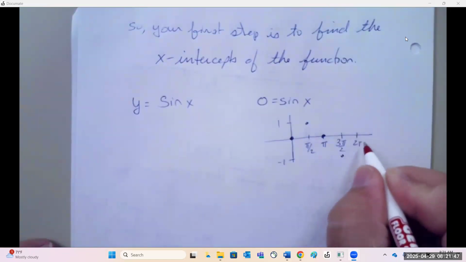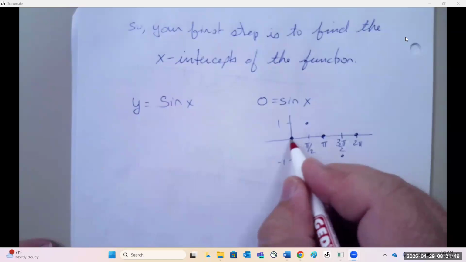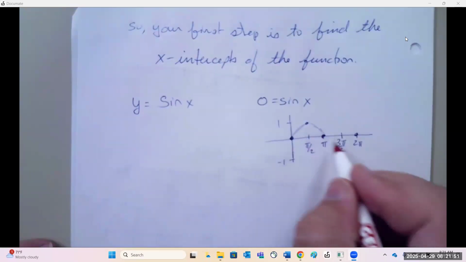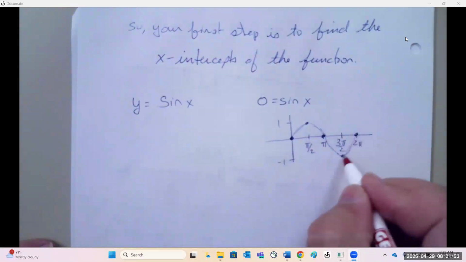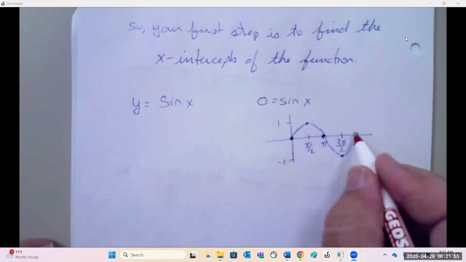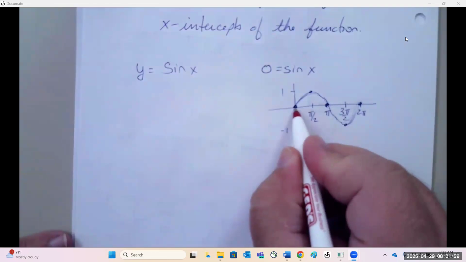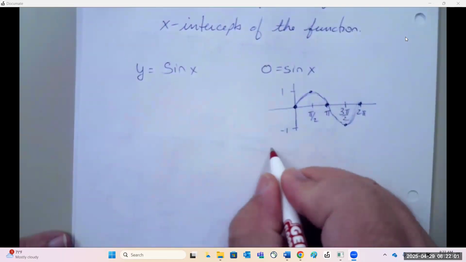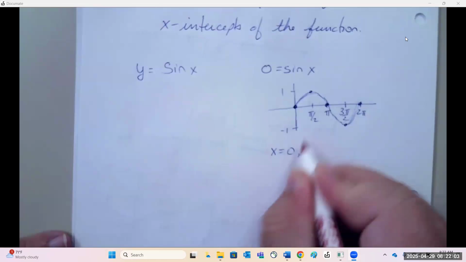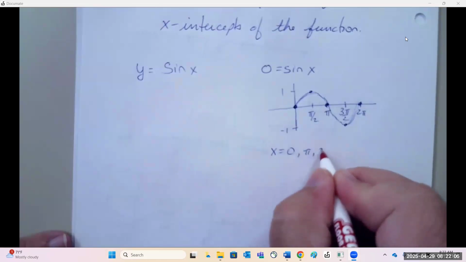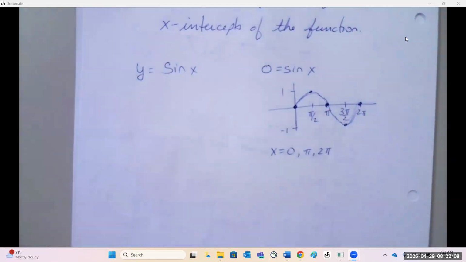And at 2 pi, it's 0. So we know that our intercepts are at 0, pi, and 2 pi. The sine is 0 at every n pi after that.